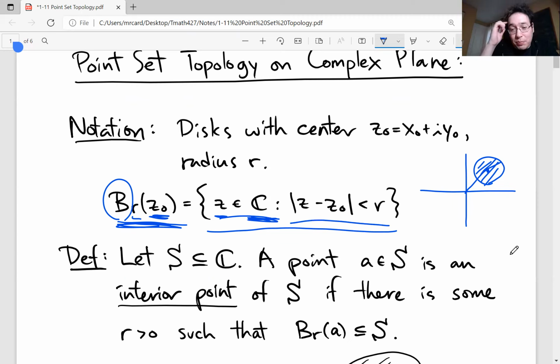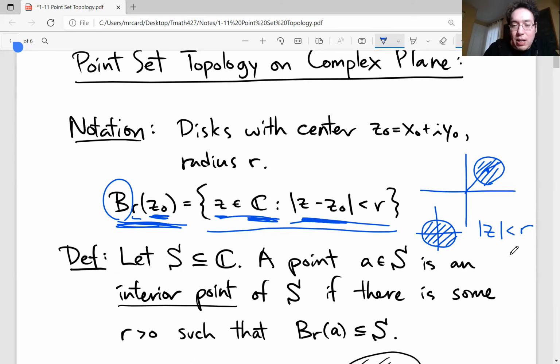So if we have written it this way, the magnitude or the modulus of z is less than R, that will describe a disk centered at the origin, because the distance has to be strictly less than R. If you put z minus z naught, this shifts the center from the origin to z naught.